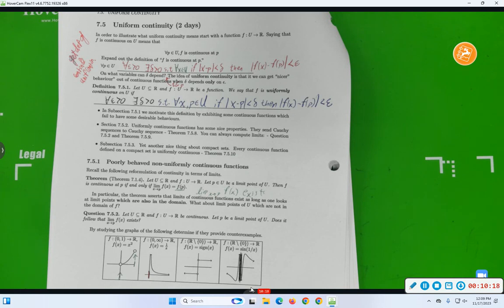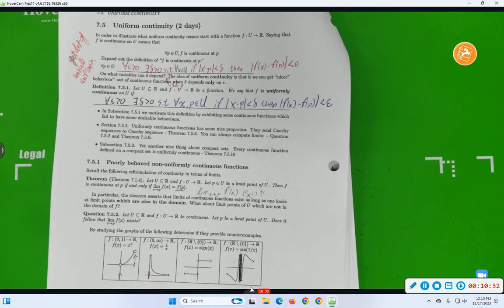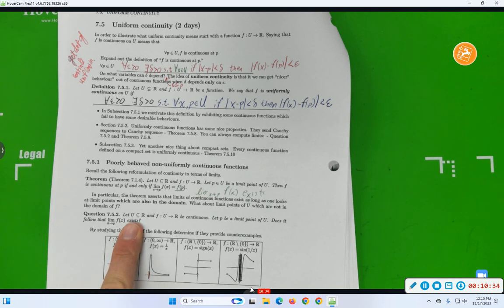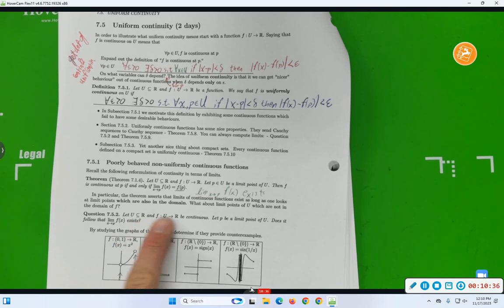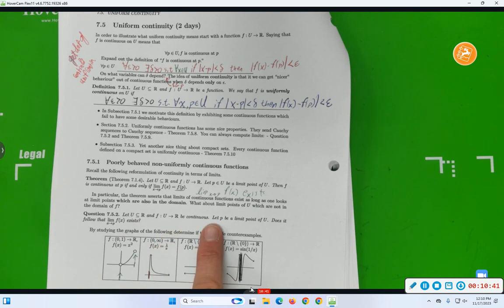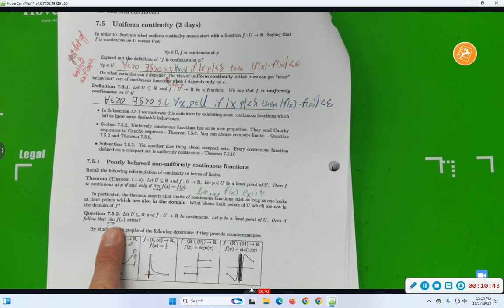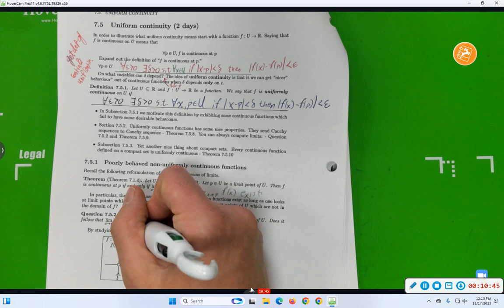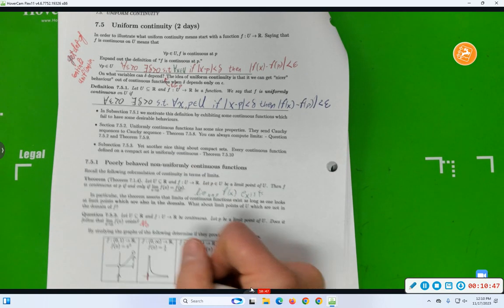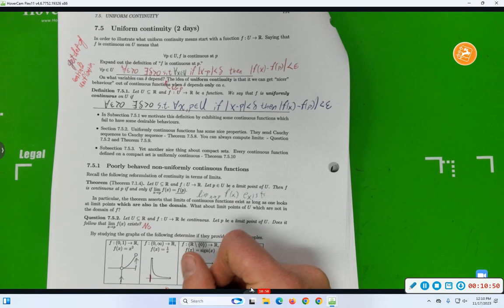Maybe if you want to define the lim sup as x approaches 0, you could make sense of that, but we won't do that in this class. So these are all examples of some bad behavior that a function can have. You can have a set U and a continuous function on U and a limit point p of U for which this limit does not exist. So the answer to that question is no, and here are some counterexamples.